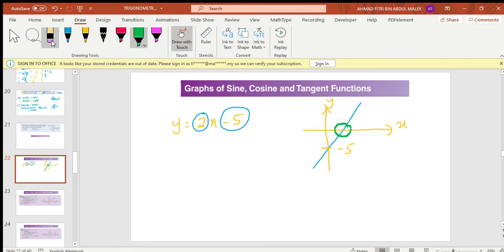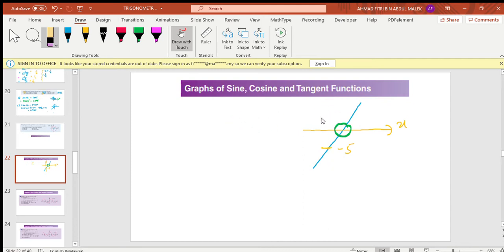This principle can also be used in sine, cos, and tangent graphs. When we sketch the graph, we need to know the basic general form of the function itself.